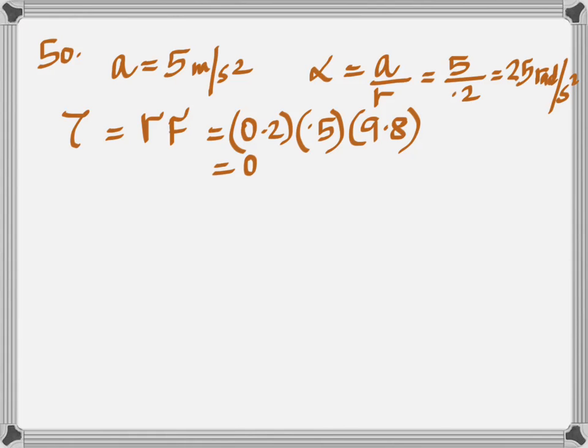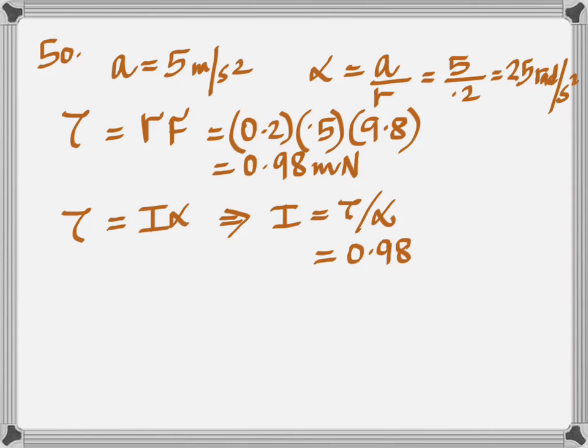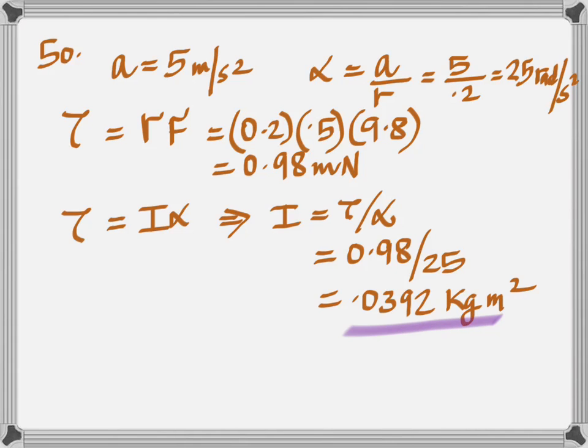Mg times the radius. Because the force being acted upon here is mg, and that's the radius. That makes sense? Mg times r. That's how you get that. Okay. So you find that, and then use the other formula, I alpha, and then find the moment of inertia. 0.0392 kilogram meter squared.